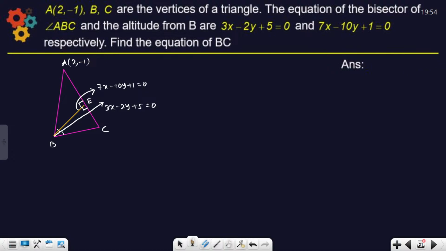okay. Now the question is, find the equation of BC. Find the equation of BC. That's the question. Now, can anybody tell me how to approach this sum? After doing so many sums, I can expect some answer from you people.